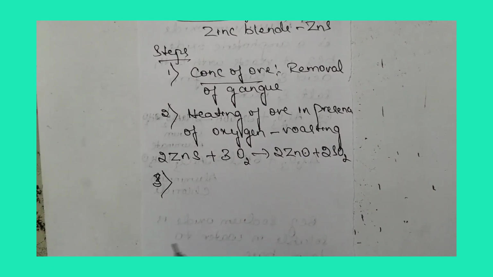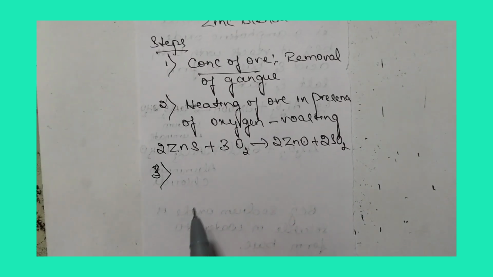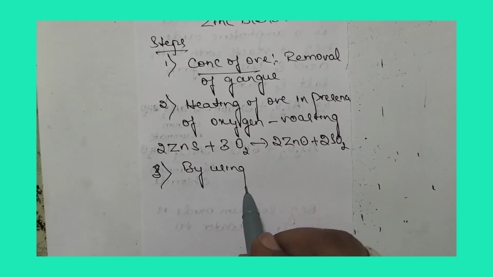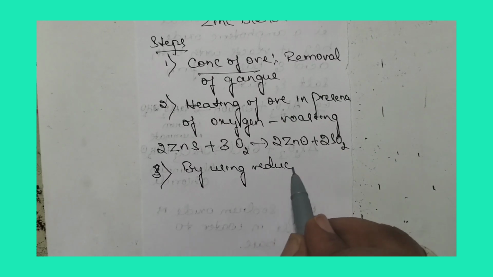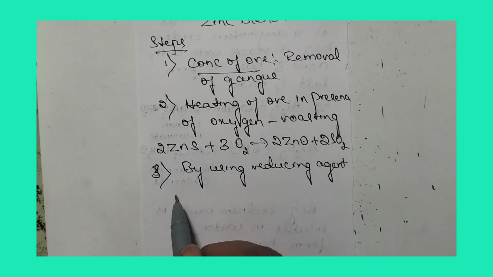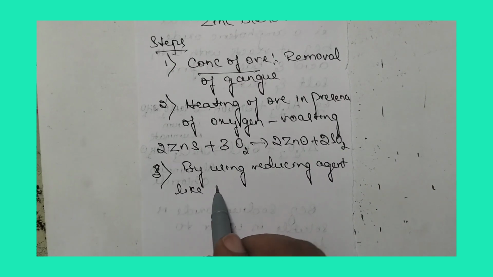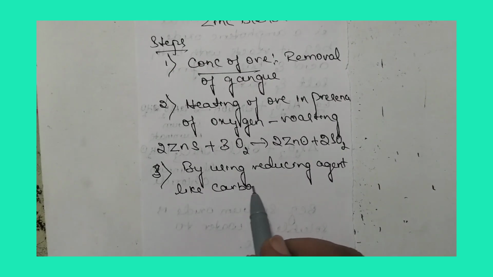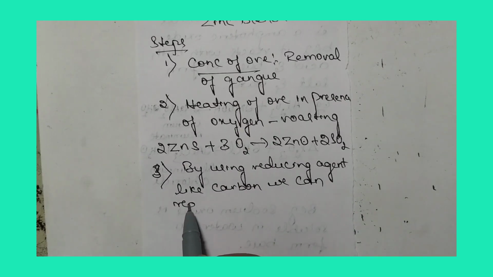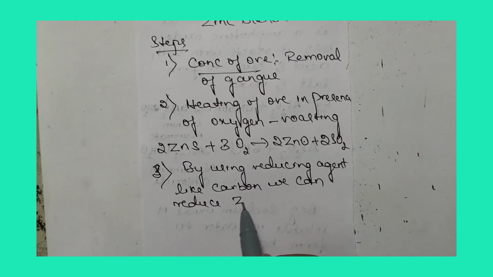Now the last step, step number 3. By using a reducing agent like carbon, we can reduce zinc oxide to zinc.